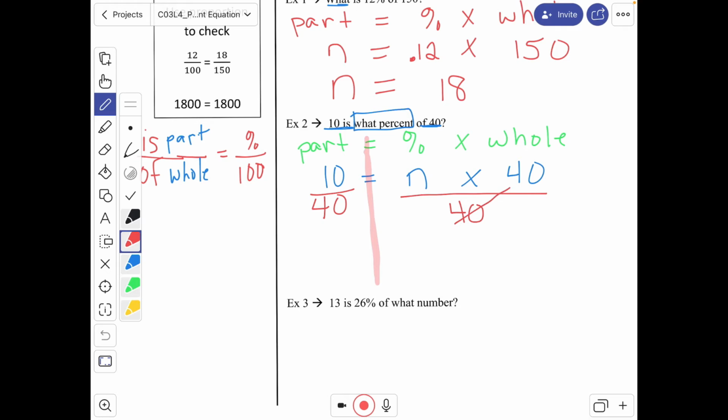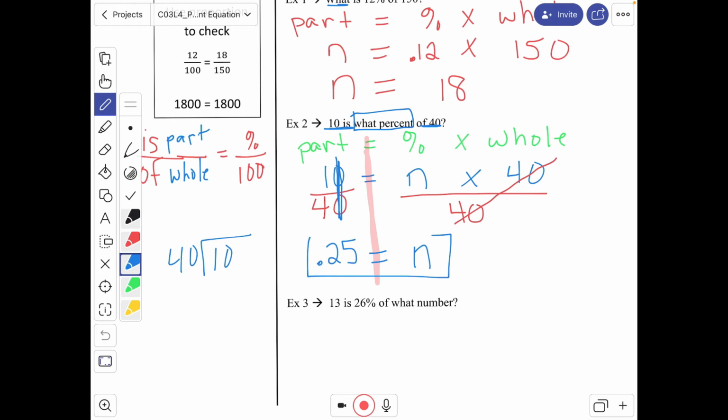On the right side, the 40's cancel because 40 divided by 40 would make 1, and 1 n is just an n. And then on the other side, I kind of have a fraction. Now I could divide it out, 10 divided by 40. I could also look at it as a fraction and simplify it to 1/4. And 1/4 as a decimal is 0.25. So n is equal to 0.25.